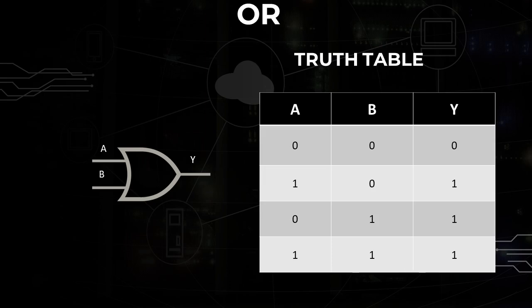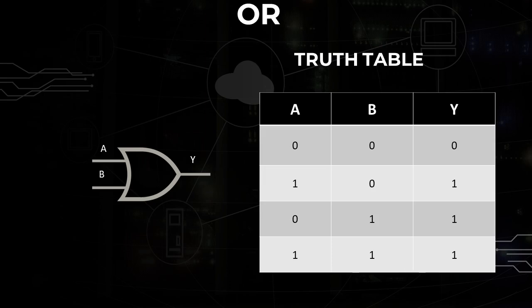Next one, A is equal to 1 and B is equal to 0. There is a signal in input A. The output will be equal to 1. For the OR gate to give an output signal, there should be at least one input signal.